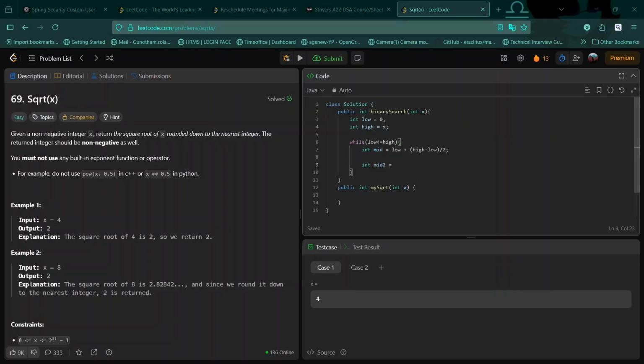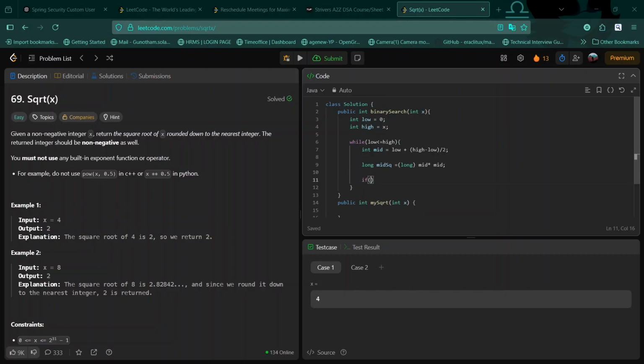Mid square equals mid, and we need to convert it into long so that it does not exceed the range. Mid star mid. So now I found the mid square.